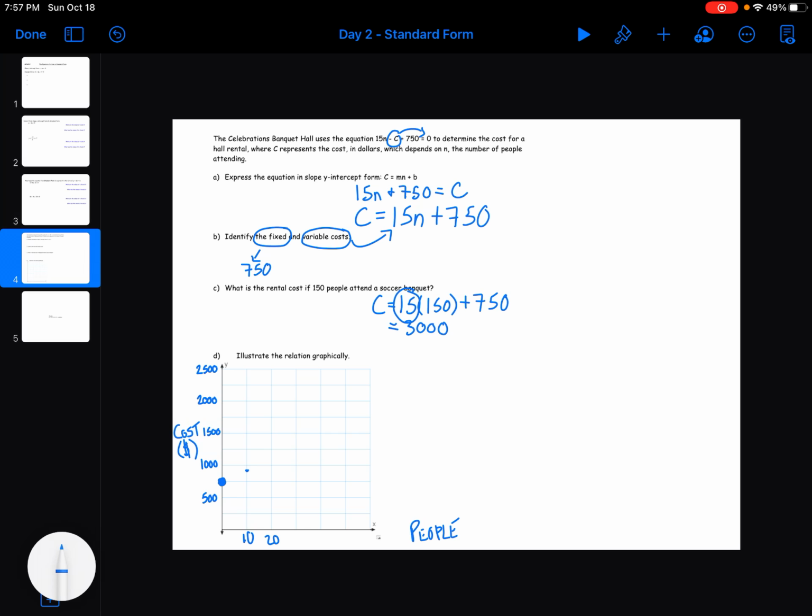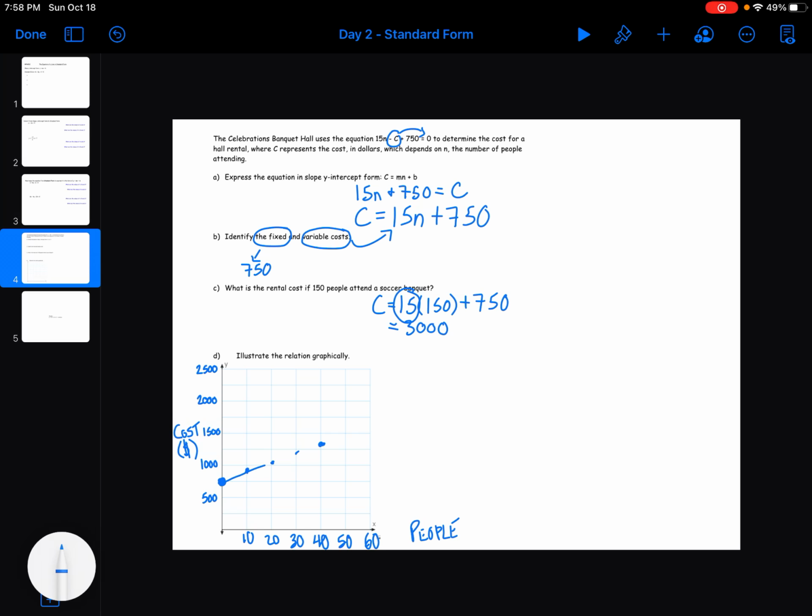So $150 would get me to 900. Another 150 would get me to 1,050. Okay, so we could go up by tens each time if we wanted to. And our graph is going to look something like this.